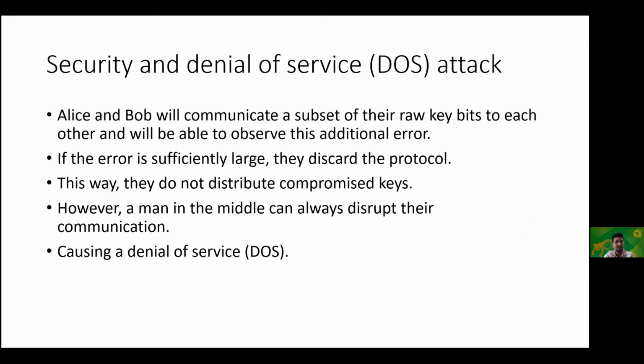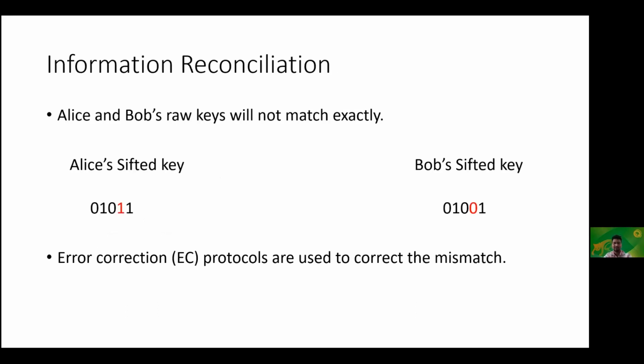So therefore, QKD has this particular problem that using these tactics, someone can completely stop you from communicating at all. But this kind of denial of service attack is also valid for classical communication. For example, this is a common attack hackers do all the time to these big websites. They will generate arbitrary requests to the website so that the website gets overloaded and the real requests never get served. So those are called denial of service attacks.